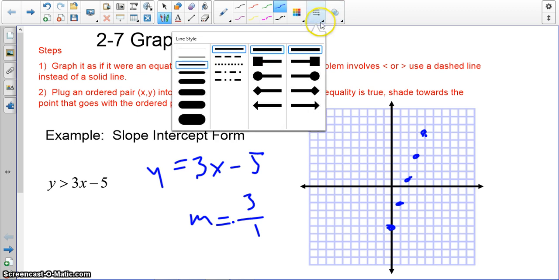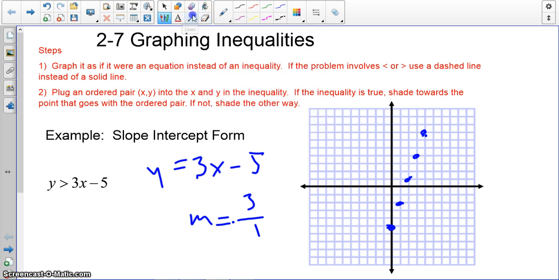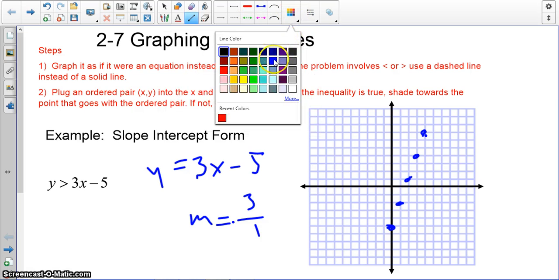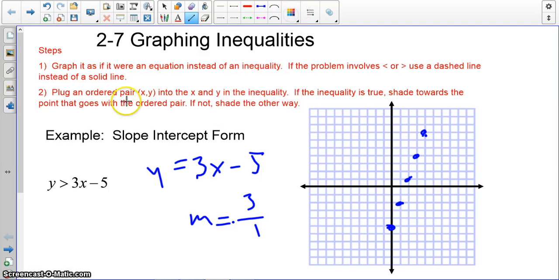So let me make the dashed line here. And I want a dashed line because it's greater than. It's exactly like in inequalities when you're only working with one variable, where you shade in the circle sometimes and sometimes you don't.